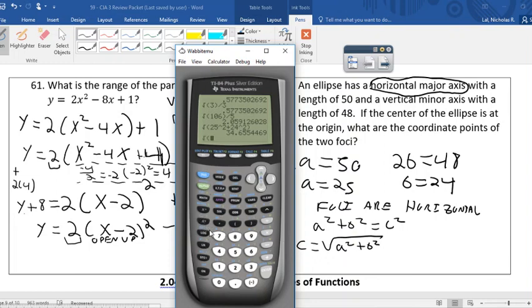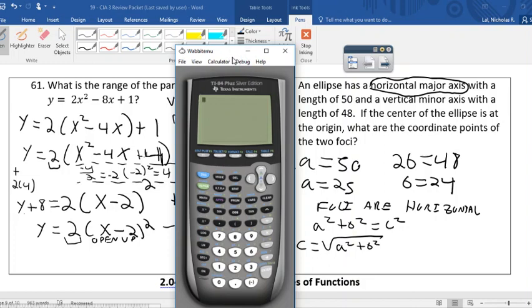So c should be the square root of 106. Let me check that. Let me plug it in again.